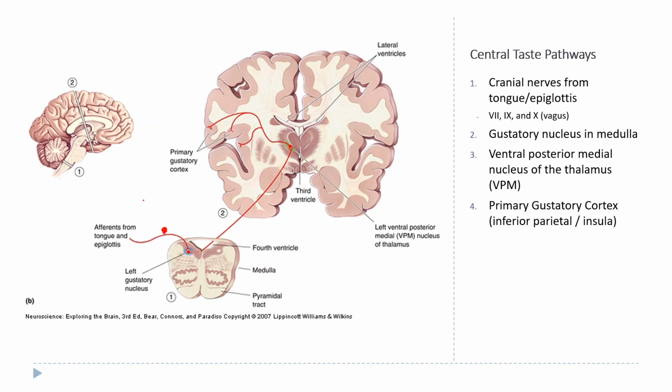This is in the medulla, so we're right here in the brainstem, and the gustatory nucleus sits on the dorsal side of the medulla, and there's one for each side. There's a left gustatory nucleus and a right gustatory nucleus, and then those neurons, after being stimulated by the afferents from the tongue, send their axons up into the brain to synapse onto neurons in the thalamus.